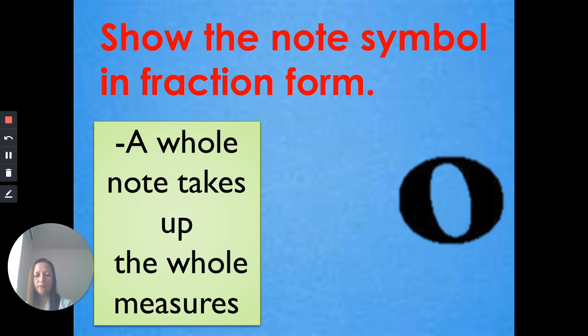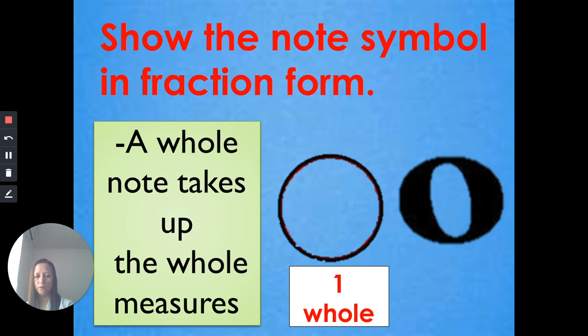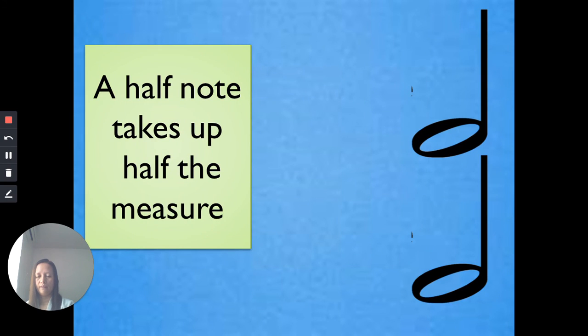A whole note takes up the whole measure. What is the equivalent fraction form of this note symbol? Okay, that is 1 whole. Next, a half note takes up half the measure.